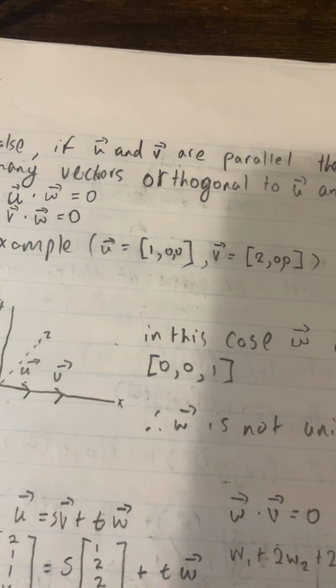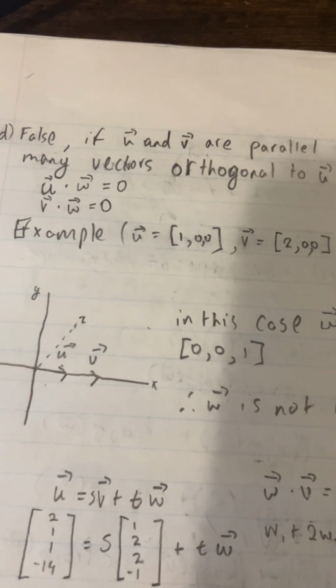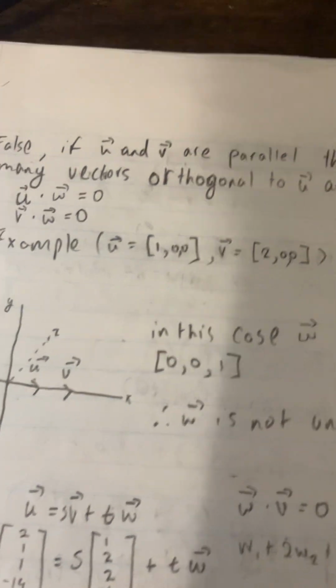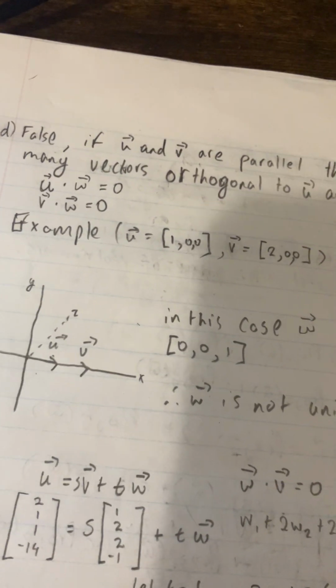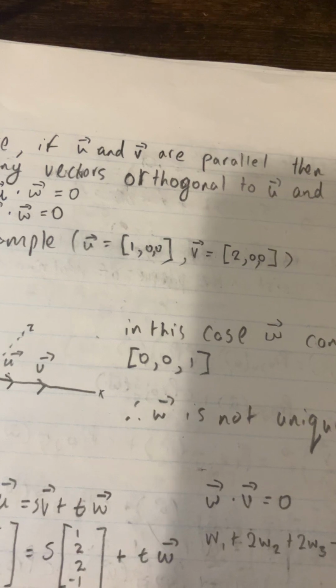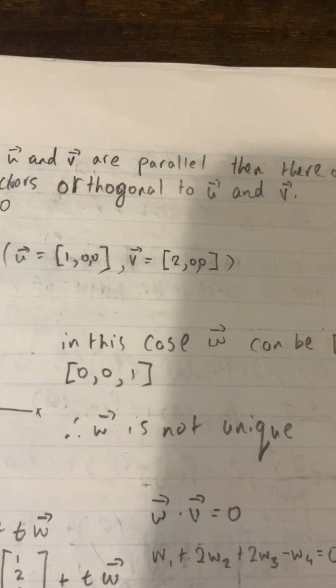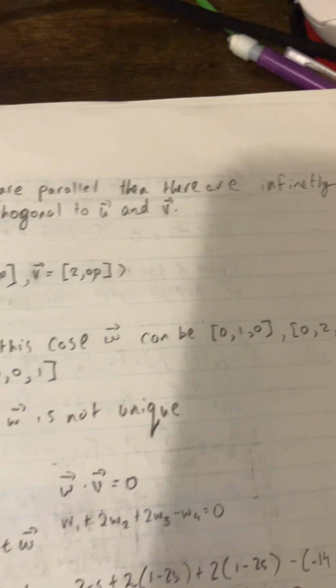So u dot w is equal to 0, right? V dot w is equal to 0, right?